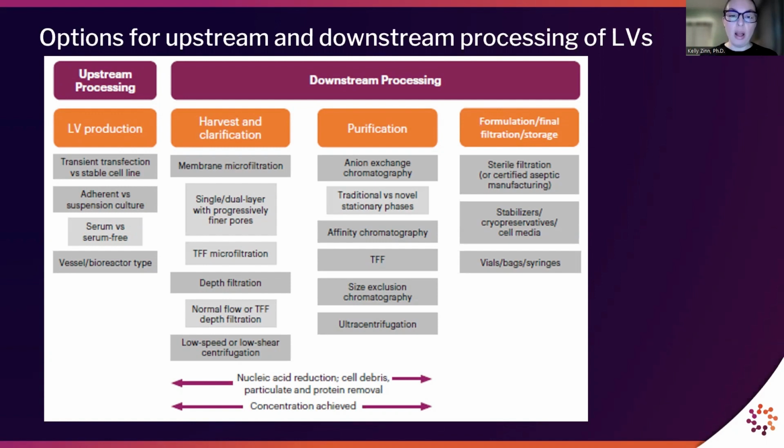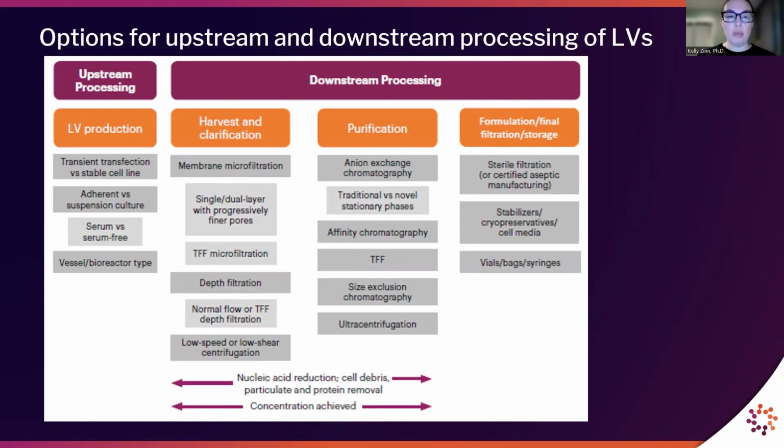The final polishing formulation can be performed by chromatography or TFF. The process may include a sterile filtration step either before or after the final formulation concentration processing, and the order in which sterile filtration is performed might improve recovery of the lentiviral vector.